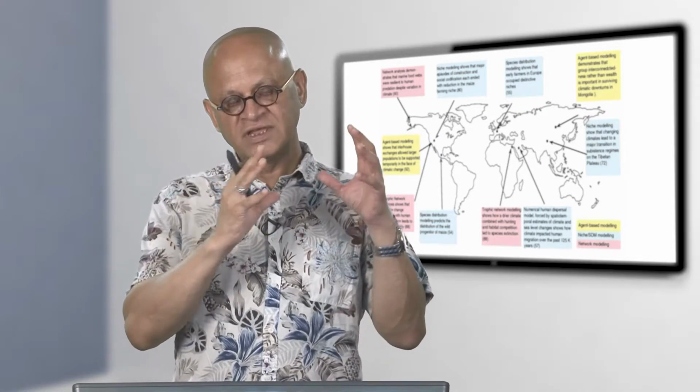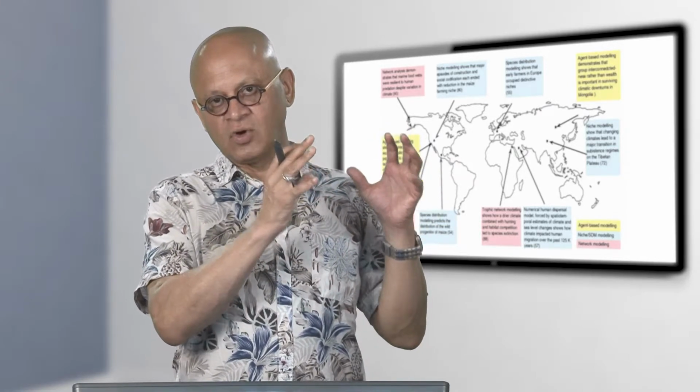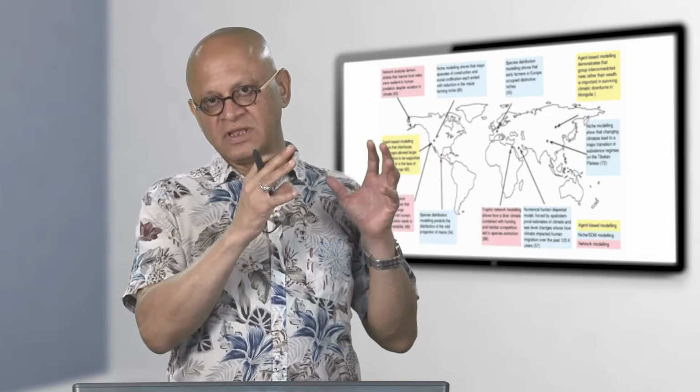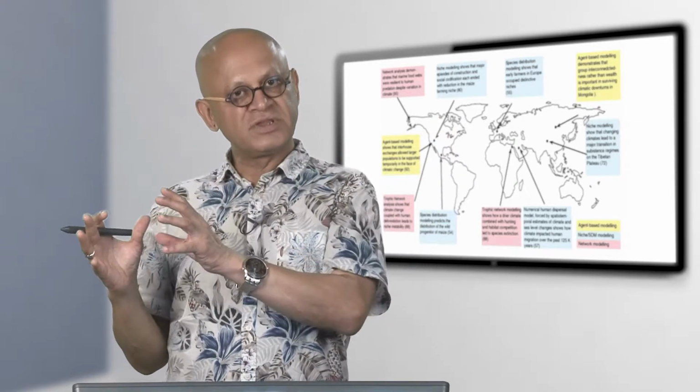So, there is always a natural system, which is the land, atmosphere, ocean, hydrosphere, cryosphere, which is ice, and then there is the human system.